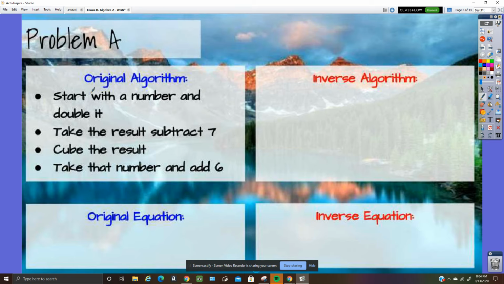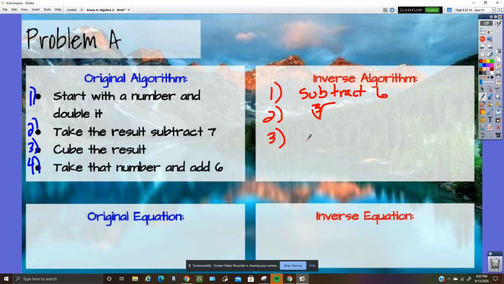If I number these 1, 2, 3, 4, then over here 1 would be subtract 6, 2 cube root, 3 add 7, and 4 divide by 2.